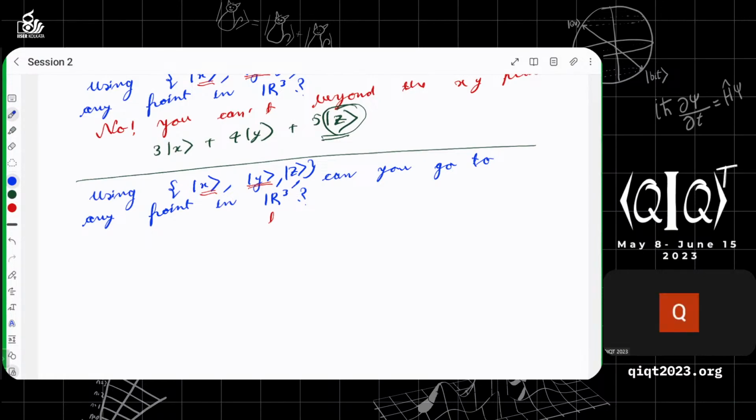Yes, the audio input I think is a bit noisy. Can you write in the chat if possible? YouTube or Zoom, anything works. Actually, we can't hear you.